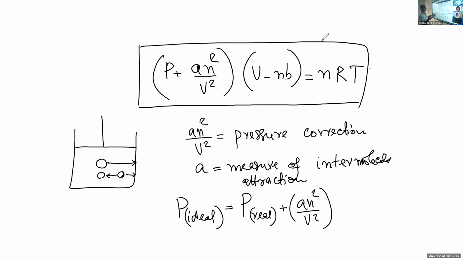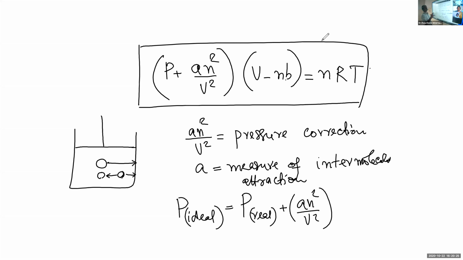When the molecule is going to bombard the walls of the container, that molecule will be pulled back by the other gas molecules. Do you get the idea? This is the argument of van der Waals. So the gas molecule cannot bombard the walls of the container with a pressure as expected for ideal gases.